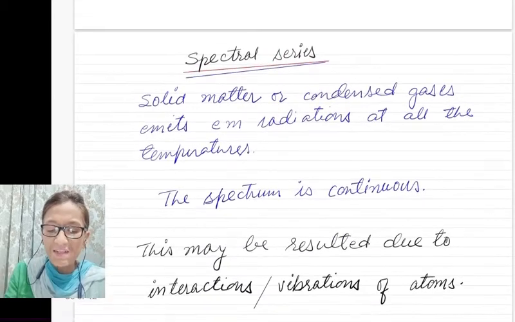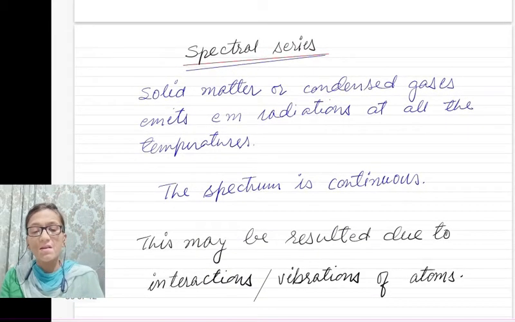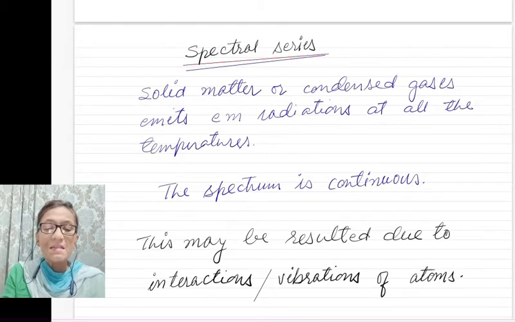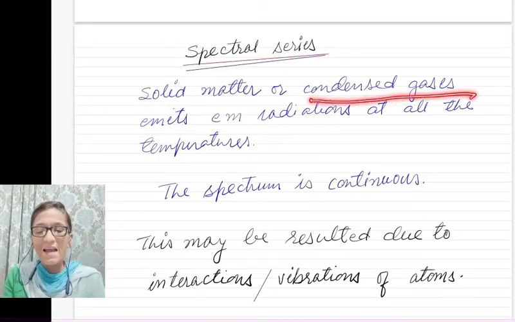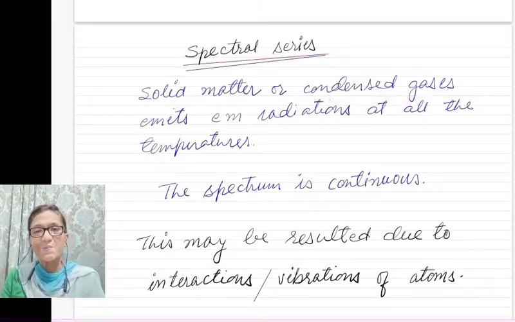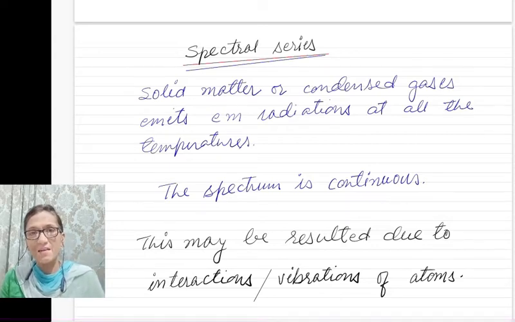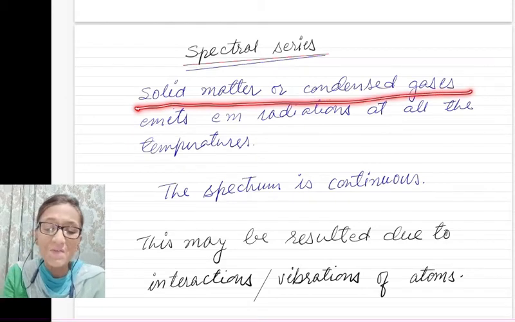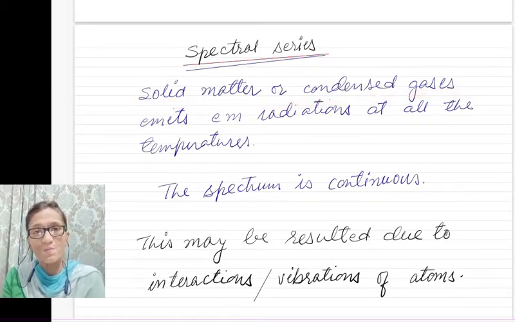Now spectral series. You know solid matter and condensed gases. Gases are very thick, like in our atmosphere. Radiation comes from every object at each temperature.